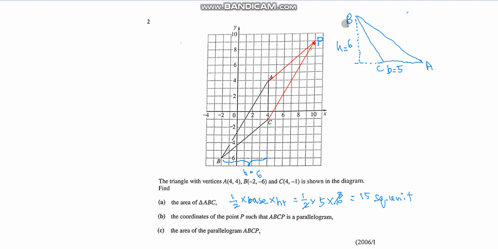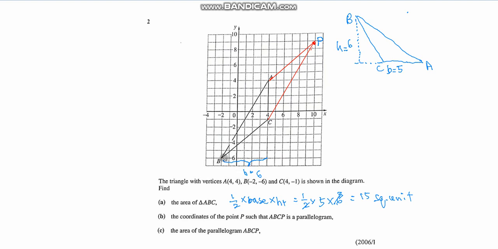Now how do you find the coordinate of P? How do you draw this line? This line is supposed to be parallel with this and also equal in length.